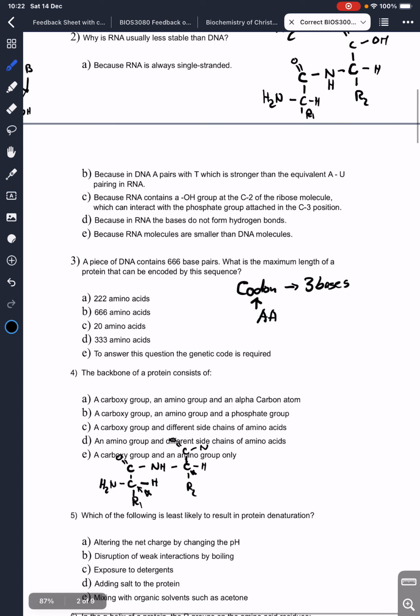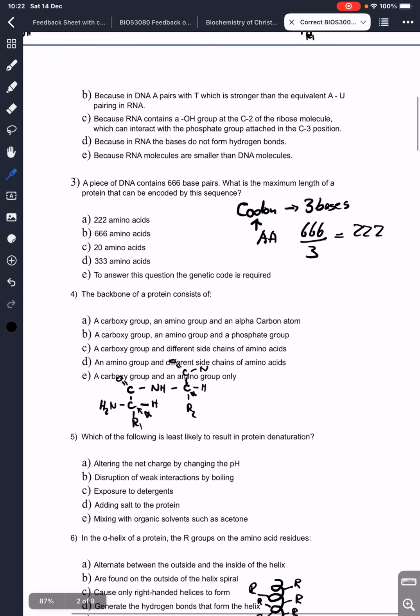Therefore, all we need to do is take the number of base pairs divided by 3, and we get 222 amino acids that can potentially be encoded by this DNA strand. So answer A would have been correct.